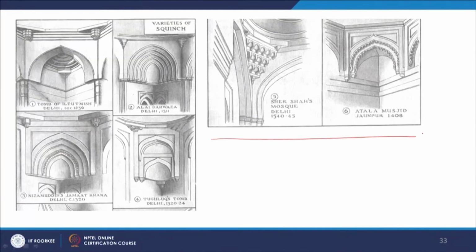Now since we were talking about certain catalogues earlier, this again is a sort of a catalogue which talks about the different kinds of squinches starting from 1236 to 1540, how a particular squinch has evolved or transformed or changed.